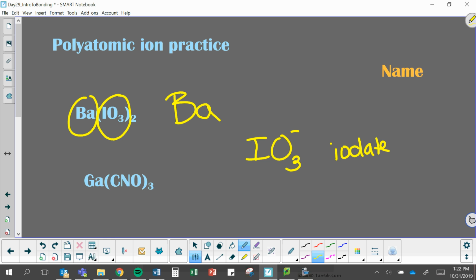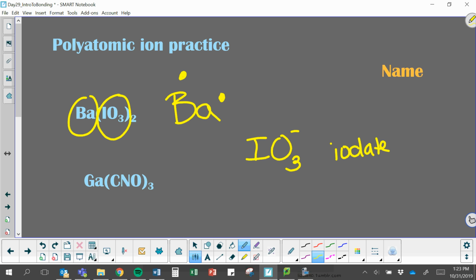So barium has two valence electrons. This is telling us this whole thing is a minus, so it has, I'm explaining this in a weird way.